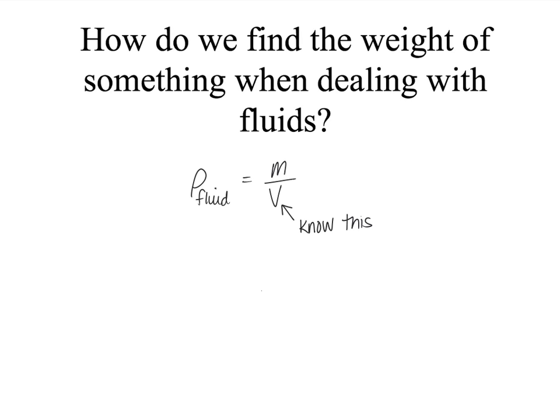And so if we think about the weight, which is equal to mg, when we're trying to find the weight for a fluid, we can rearrange this and mg can be replaced by rho, the density, times the volume of the fluid, times g. So this is the way that we often find the weight of a fluid, because we know the volume. This is really just equivalent to mg. This is something that we need to remember. We're going to use it a lot when we're dealing with Archimedes' Principle.